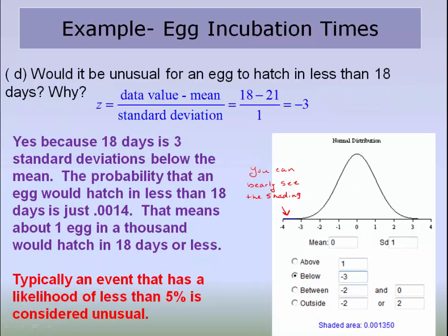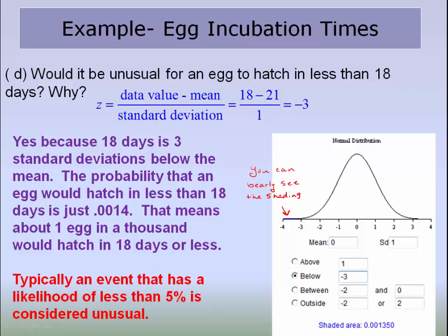Would it be unusual for an egg to hatch in less than 18 days, and why? So we found the z-value for 18 to be negative 3, and if we calculate the probability, that leads us to answer yes, because 18 days is 3 standard deviations below the mean. The probability that an egg would hatch in less than 18 days is just 0.0014.